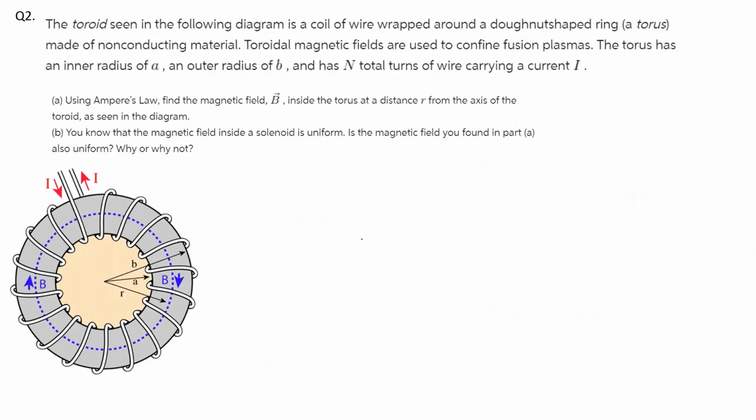So I want you to first read the question very carefully and tell me what should be the shape of your Amperian loop. Is it a circle, or is it a square-like thing that we did for the solenoid?